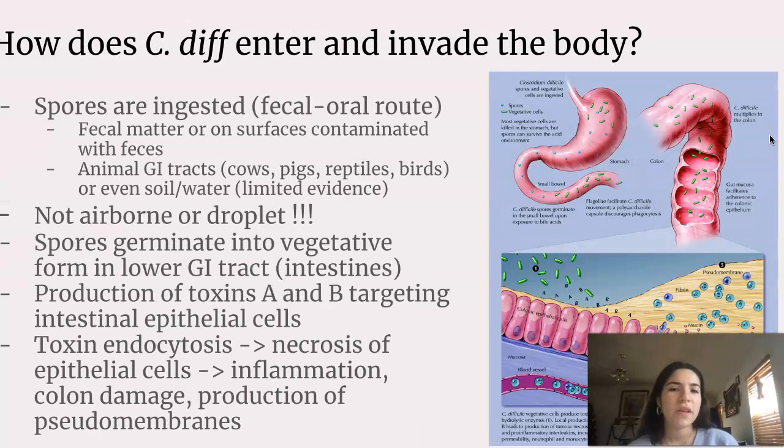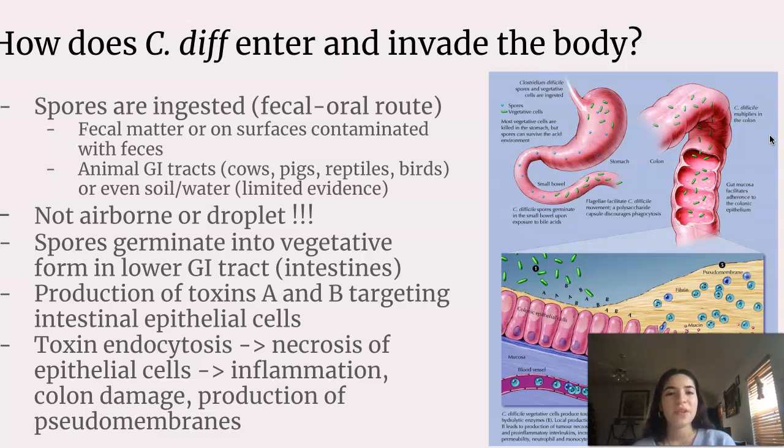So how does C. diff enter and invade the body? So as I said before, the C. diff produces spores, and these spores are then ingested via the fecal-oral route. So these spores are often found in fecal matter or on surfaces contaminated with feces.